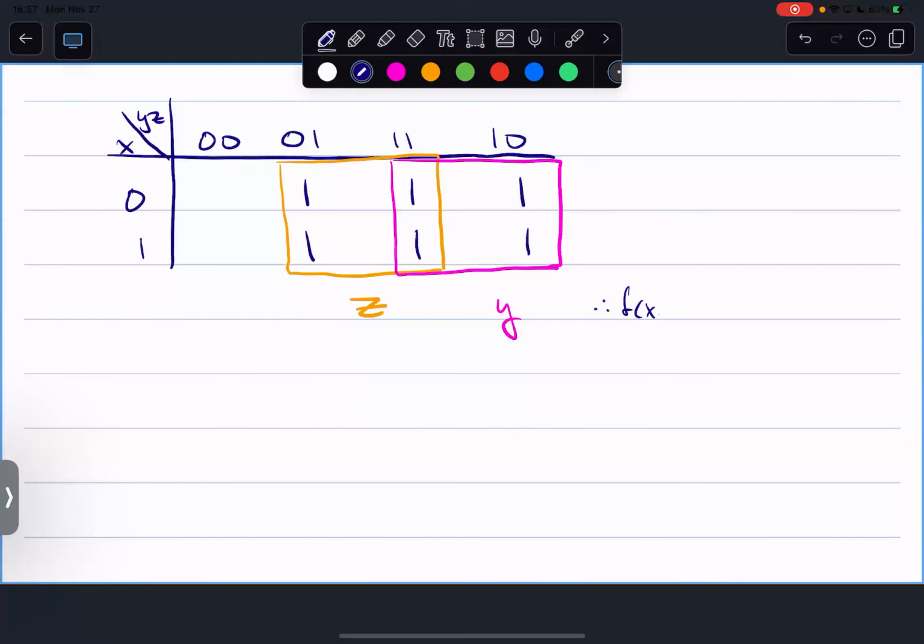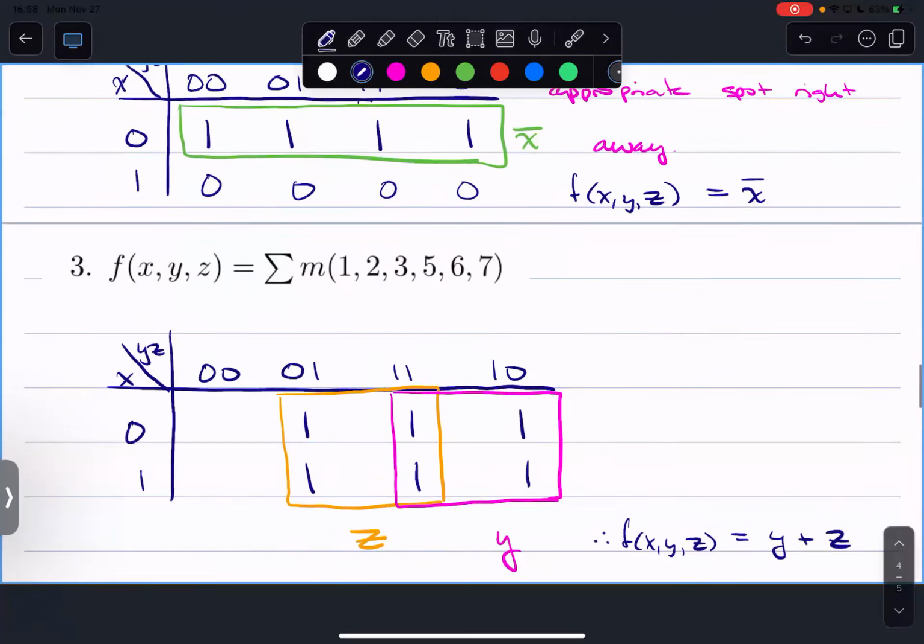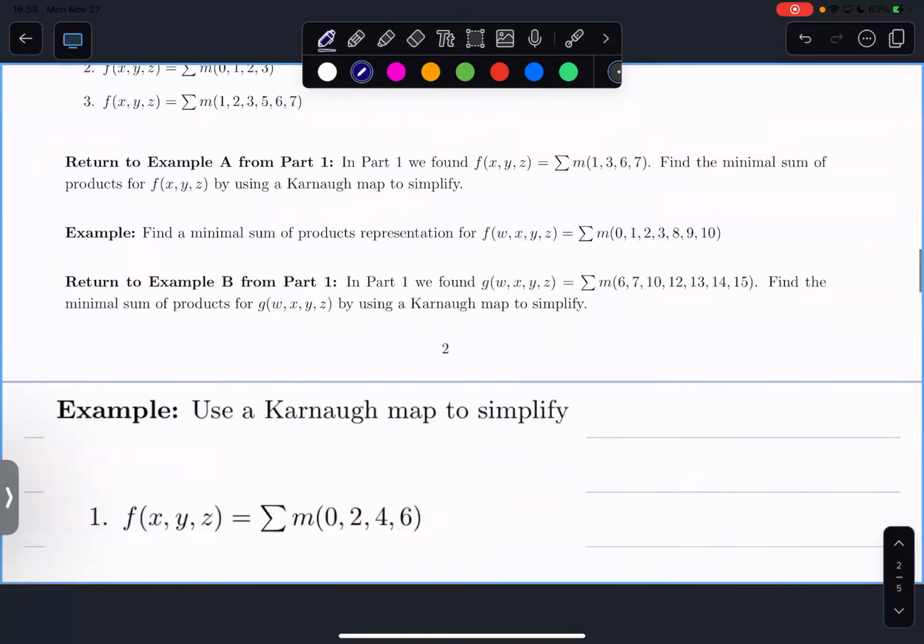So therefore, f of x, y, z is y plus z, or z plus y if you prefer. Good warm up. Okay, great warm up.